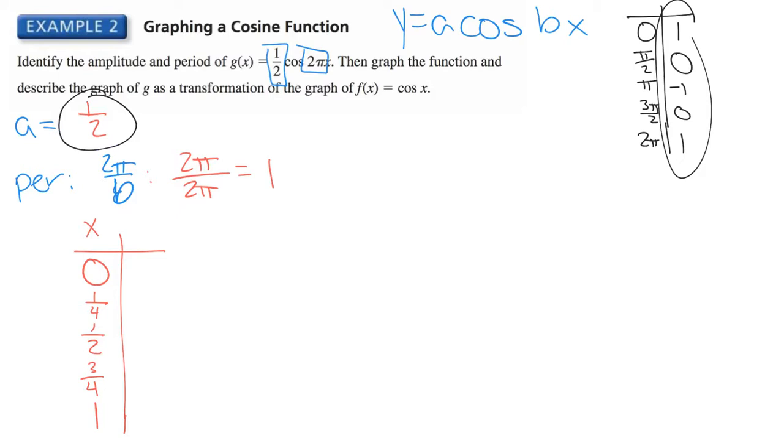That's always going to be the case when you see an A. It's going to be multiplied to a y value. So 1/2 times 1 is 1/2. That's a 0. That's a negative 1/2. It's a 0 and a 1/2. So I just took that A value and multiplied it to my y values on my parent graph.